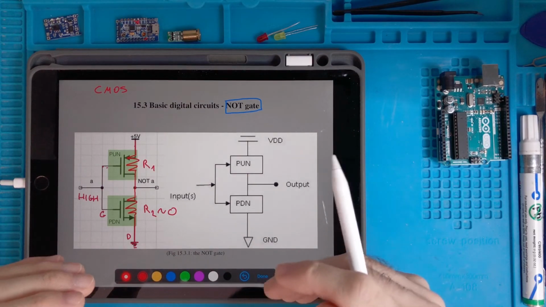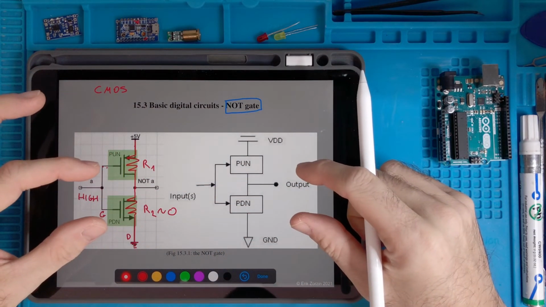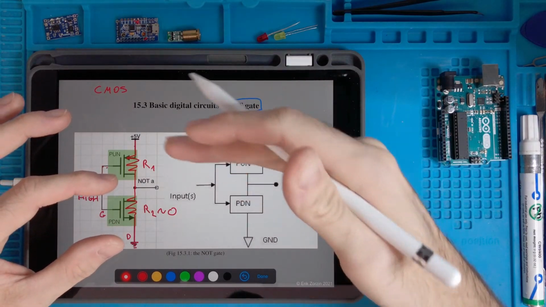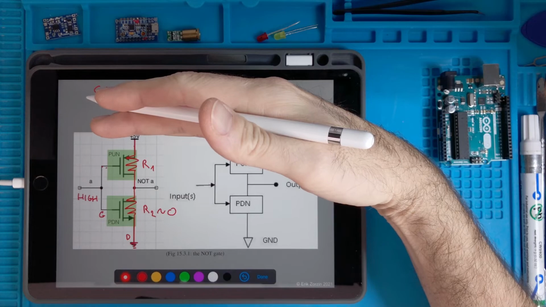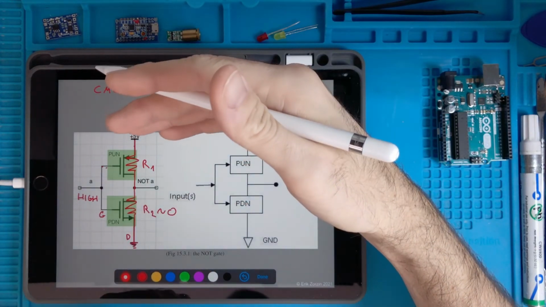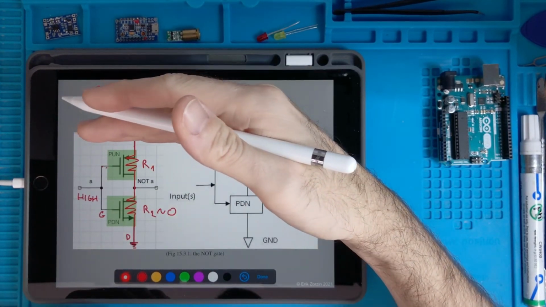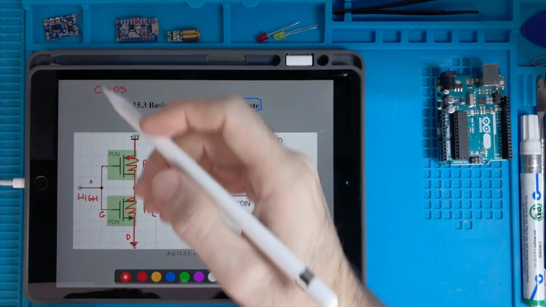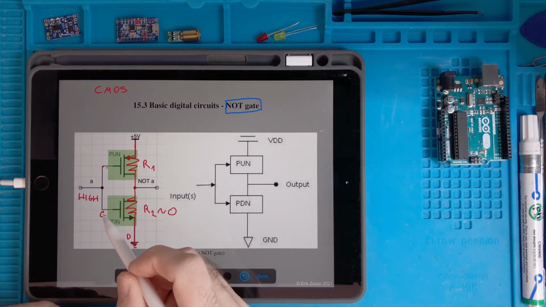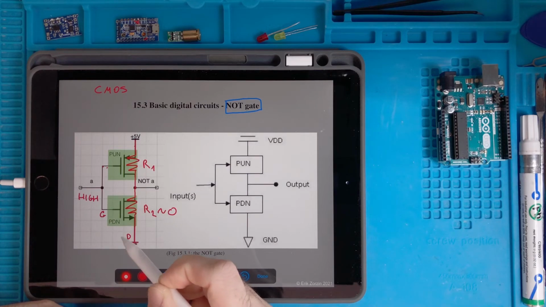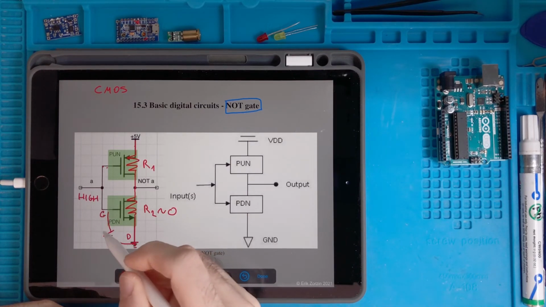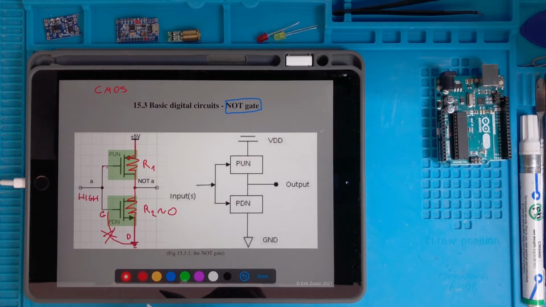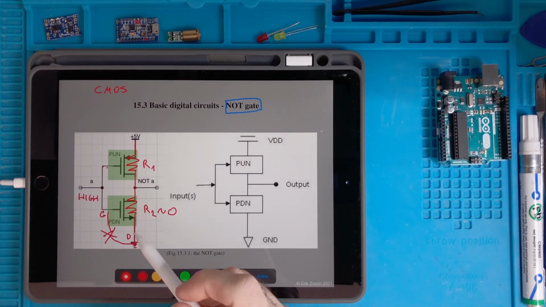Remember that the thickness of the channel was created by a voltage in the gate attracting electrons from the bulk. So if this gate voltage is not present, and it's not present, it means that it is equal to the drain. So it's as if this battery has a 0 voltage, so the resistance is high.